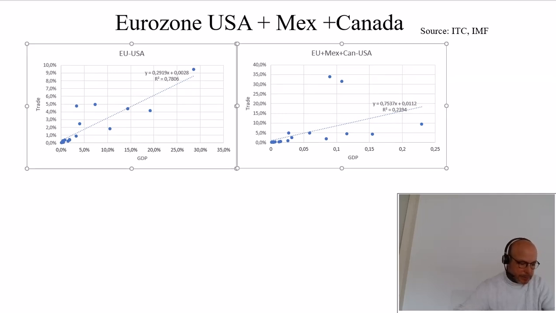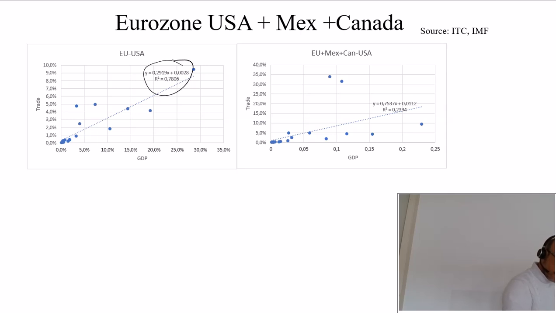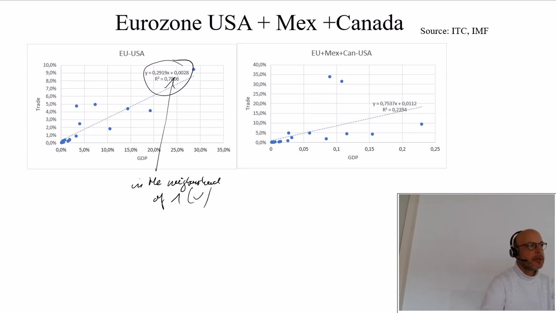And then, of course, you see here an R squared in the neighborhood of 1, which is from a descriptive perspective quite okay.